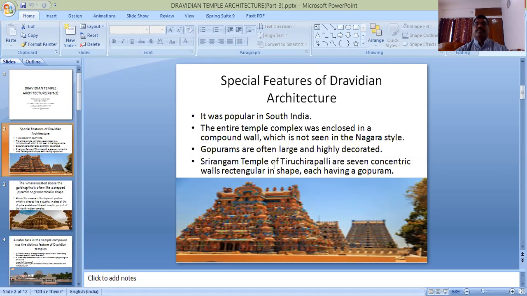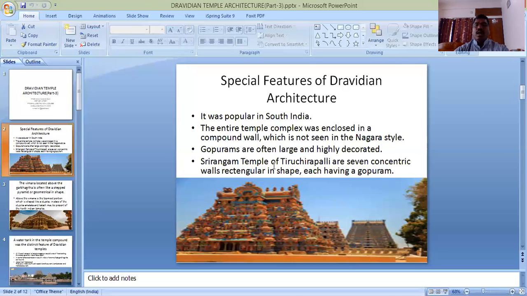That means the entire complex of the temple was enclosed in a compound wall or compound boundary, which is not seen in the Nagara style. In the Nagara style, there was no compound wall, it was a free, open temple, but in the Dravidian temple architecture, the total temple was enclosed in a compound wall.